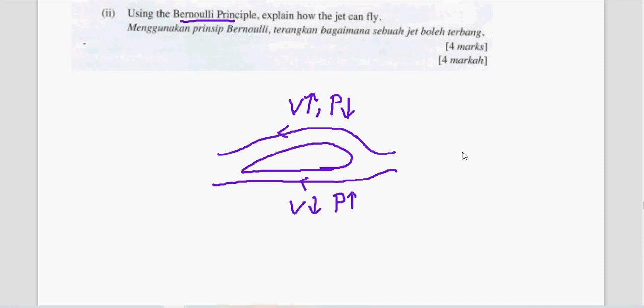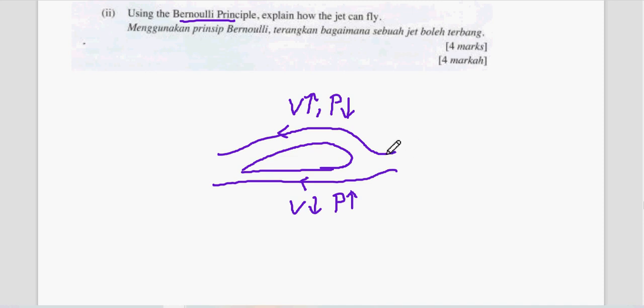Is it easy to remember? I normally tell a joke to my students. I say that the air in front here has no choice. They will be split into two groups. One goes up, the other goes down. And the air here already promised each other, no matter what happens, we will always stick together. But then the wing splits them into two.